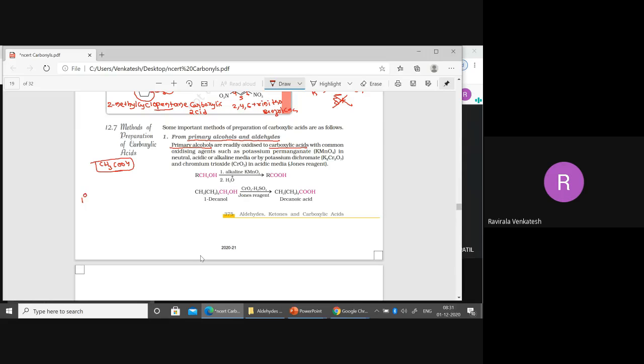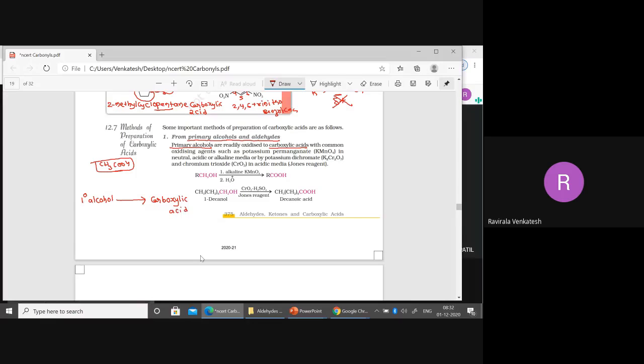I am writing it here: primary alcohols can be directly converted. This we already discussed in the chemical properties of alcohols and aldehydes. Again, we'll discuss this one.